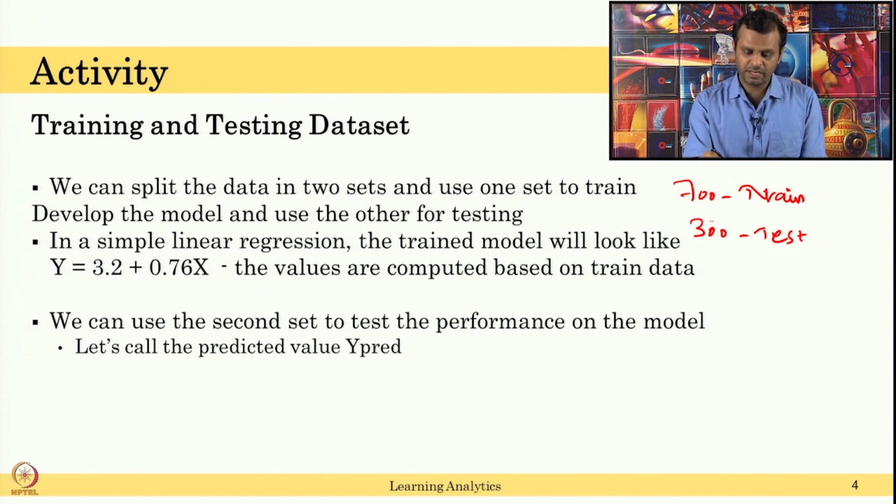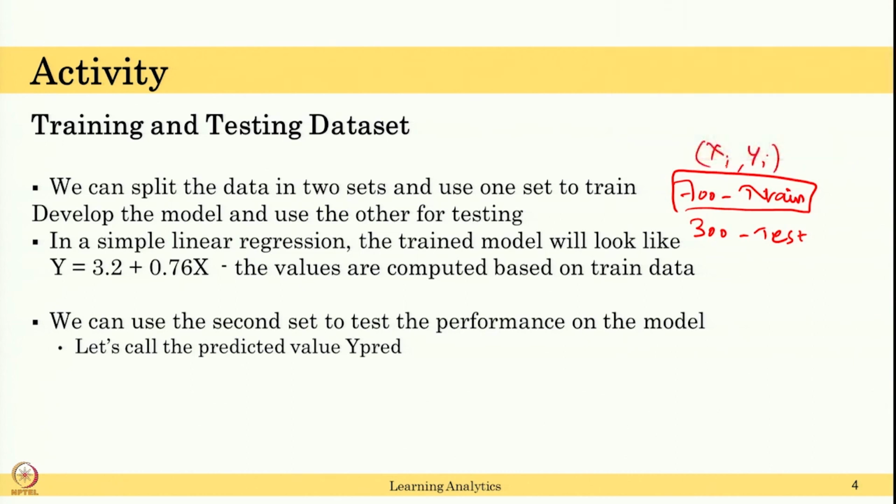So, the train data is 700 students' historical data with xi and yi information. So, 700 pairs of xi and yi, where xi can be x1 and x2, and yi is only y, because here we have only a single performance variable. So, this pair is basically x1, x2 and y, 700 pairs like this.